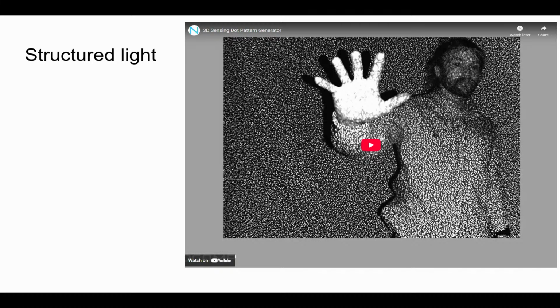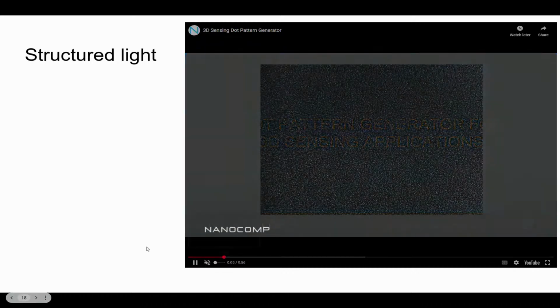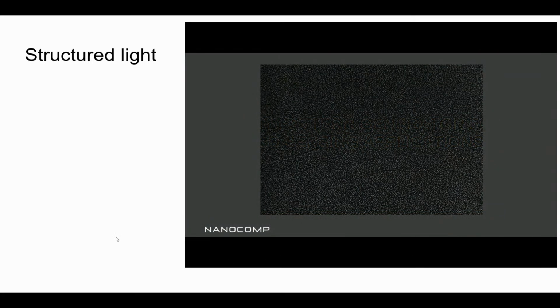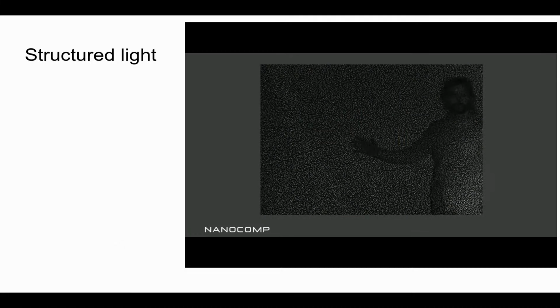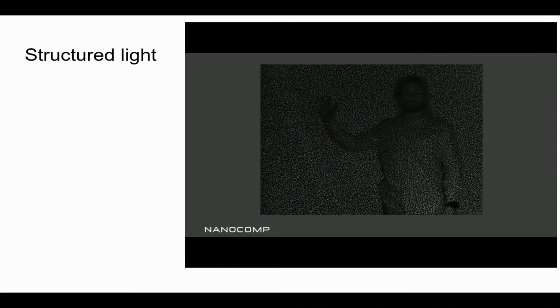We don't have just cameras. Like in computer vision, we use many different sensors. One of them is the structured light camera. We have sensors which can shine a pattern into the scene. The pattern is known.